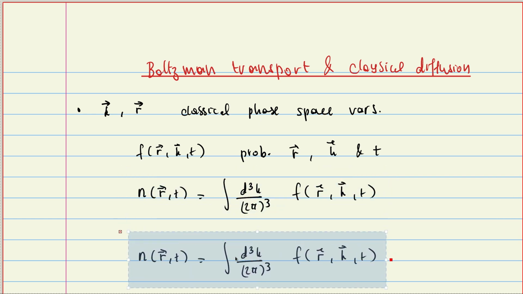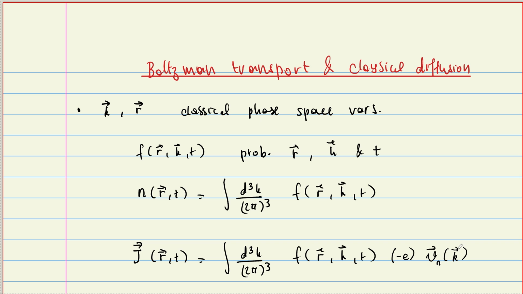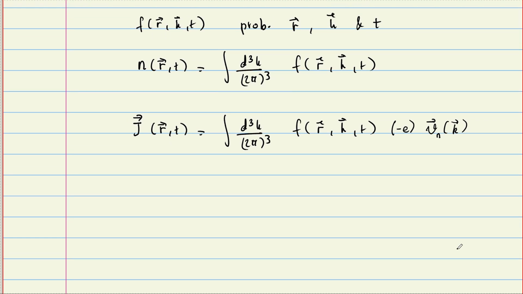And we can also calculate, for example, current. In that case, it's going to be exactly the same thing. If you are calculating charge current, you need to multiply with charge. If it's particle current, just drop this, and it's going to be velocity, which will depend on k, and possibly also band index, and we are considering only a single band at the moment. You can calculate, for example, heat current, exactly the same thing.